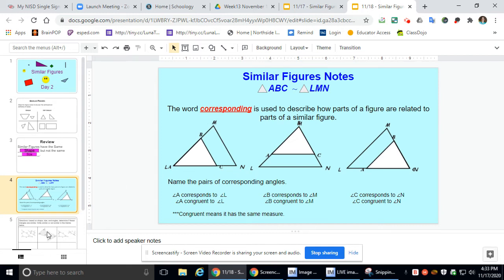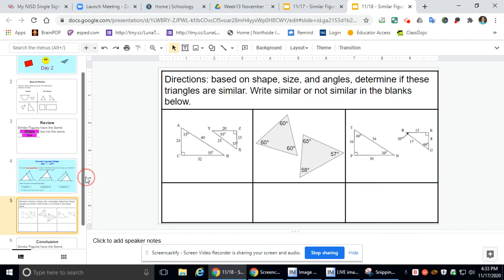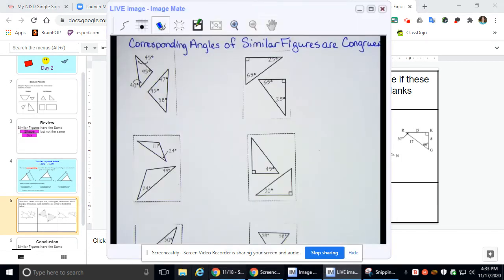So let's take a look at a few examples of that. Now, this is what you're going to be asked to do in your homework today, but we're going to go ahead and take a look at some other images first. All right, so let's take a look. It says corresponding angles of similar figures are congruent. So we're going to look at these angles specifically.